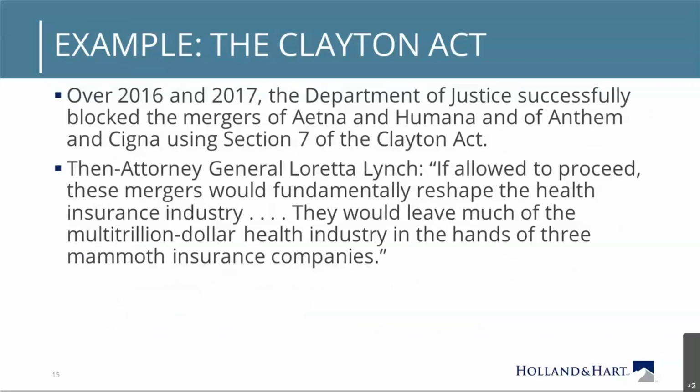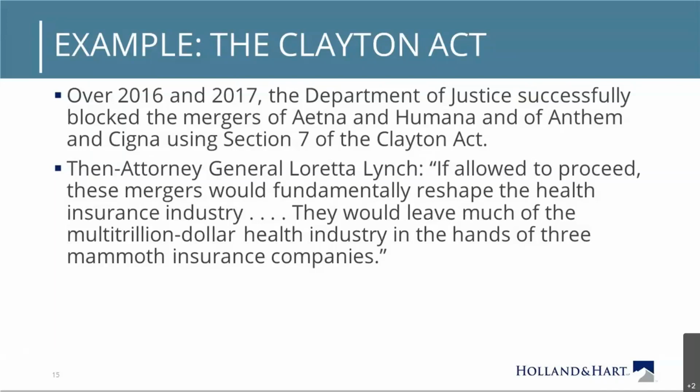Section 7, this is the section that the Department of Justice used to block the Aetna Humana and Anthem Cigna mergers a few years ago. And if you followed antitrust law, or frankly, if you recall from the news at the time, these were very significant potential mergers, multi-billion-dollar mergers that the DOJ successfully blocked using Section 7 of the Clayton Act.